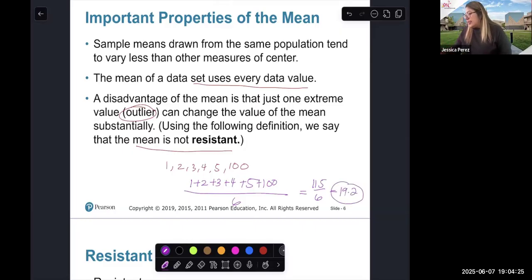See how just by changing the number from a 6 to a 100, my mean drastically changed. When something drastically changes, that means that it's non-resistant. So the mean is non-resistant.